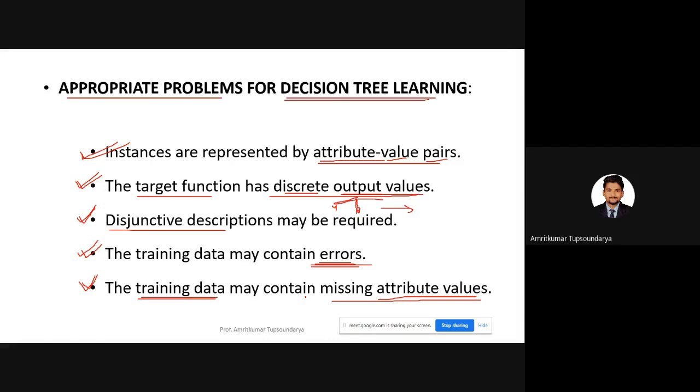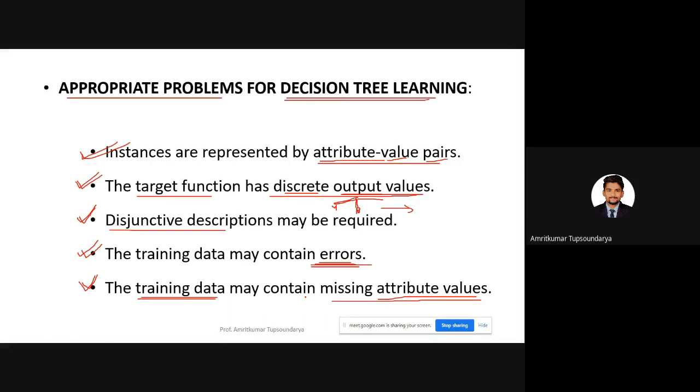In those cases, we must have the value of the attributes. But here, it is completely okay if a few of the values are missing.